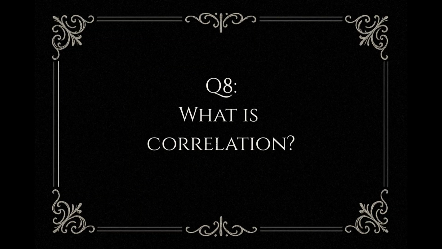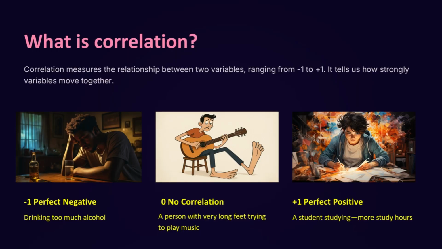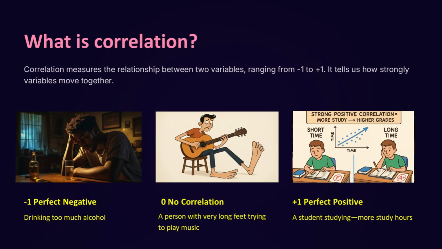What is correlation? Correlation measures the relationship between two variables ranging from -1 to +1. A correlation of +1 means a perfect positive relationship, a correlation of 0 means no relationship, and a correlation of -1 means a perfect negative relationship. To imagine this, think of three visuals. First, a student studying.